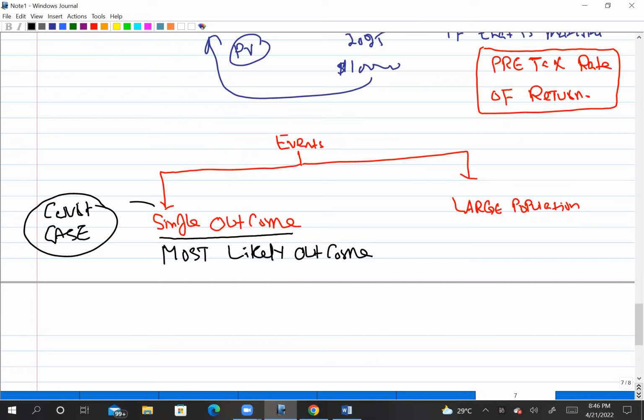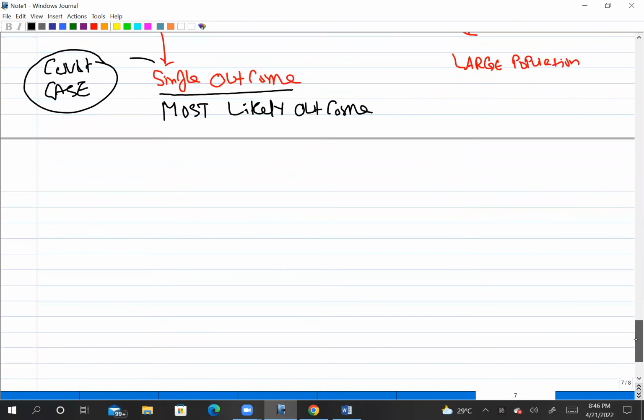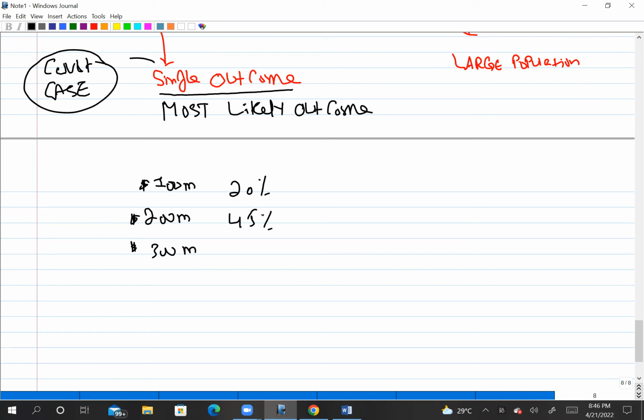Now, for example, there is a case for compensation against a company, and the lawyer tells us that a fine could be $100 million, or it could be $200 million, or it could be $300 million. It will be $100 million, chances are 20%. It will be $200 million, chances are 45%.